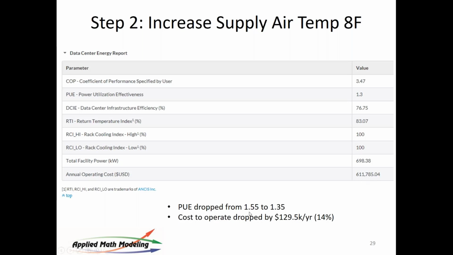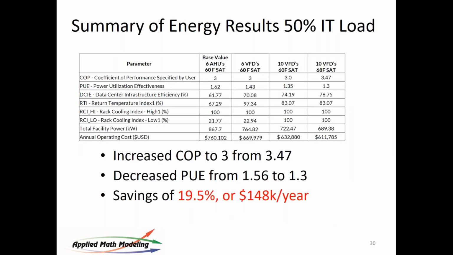We went from 155 to 135, and the cost to operate dropped by 14%, or 100 grand a year, assuming 10 cents per kilowatt-hour. So that's a summary right there of those cases. We have the base case, 6 of them on at 60 degrees supply air temp, 760.